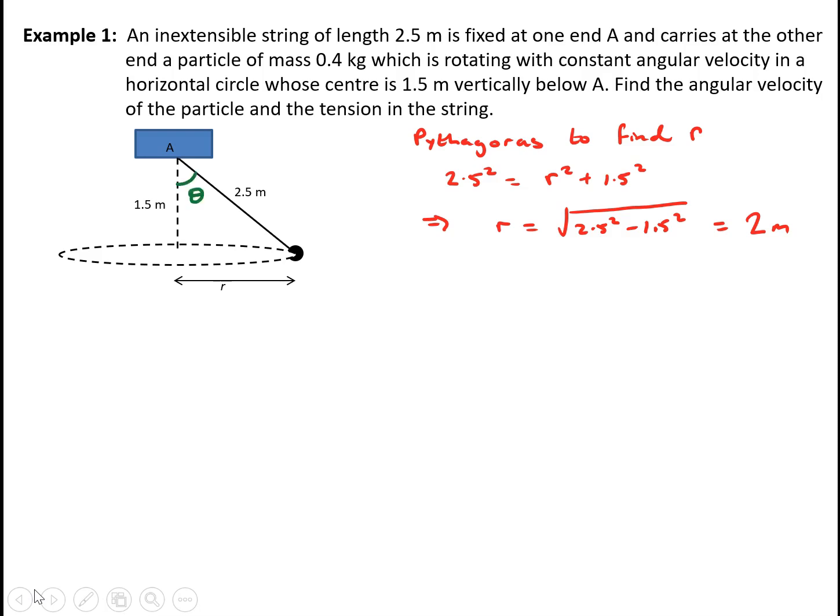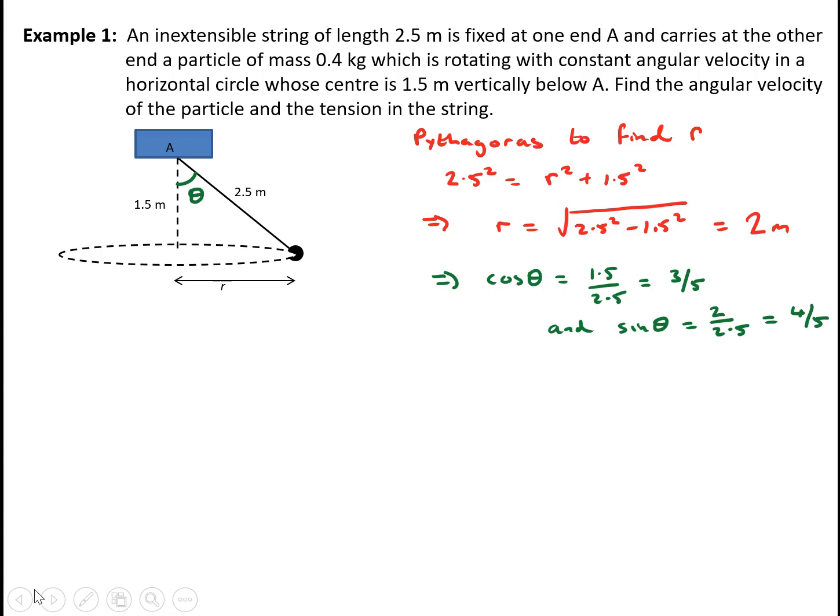The angle that the string is making with the vertical, we'll call the angle theta, and looking at the triangle again, we can see that the cos of theta is the adjacent over the hypotenuse, so that is 1.5 divided by 2.5, which is 3/5, and the sine of theta is r divided by 2.5, so that's 2 divided by 2.5, which is 4/5.